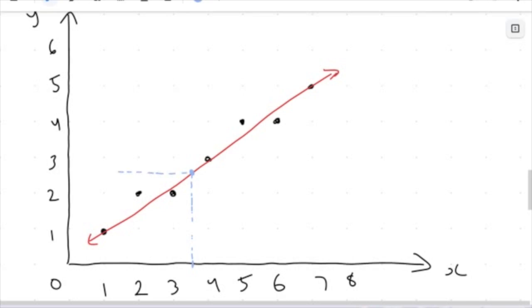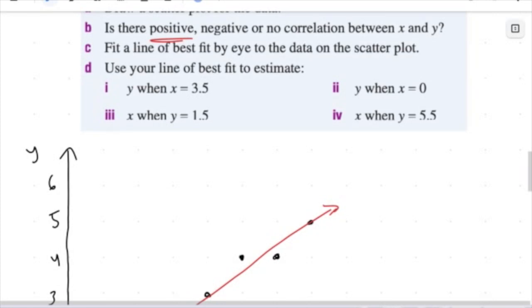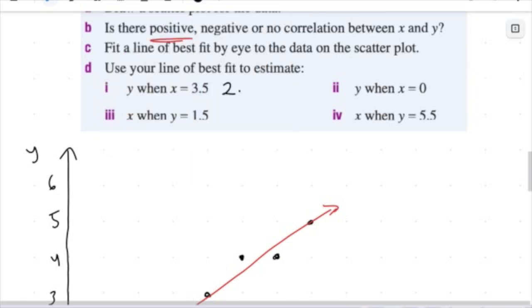So this looks like it's a little over half. So we can say this goes to about 2.7. So we can now use our line of best fit to estimate different data points based on the linearity of the current ones. So finding y when x equals 3.5, that is about 2.7.